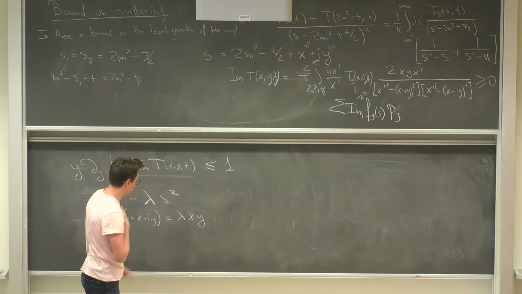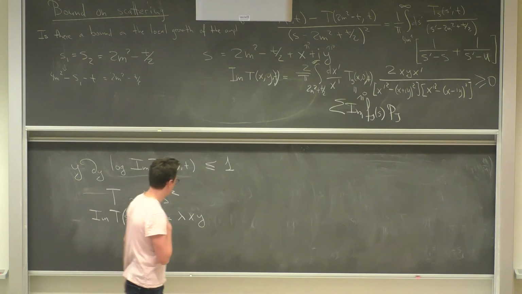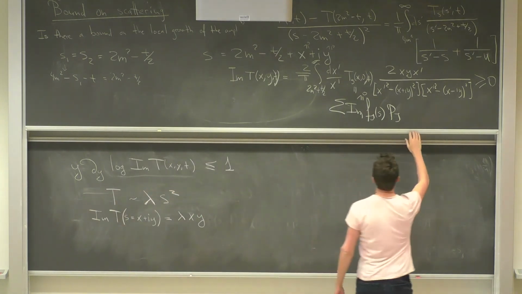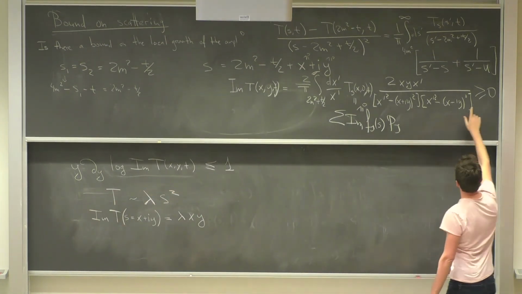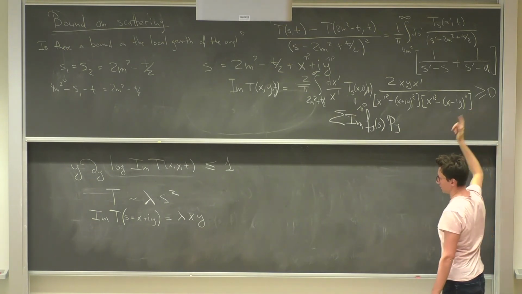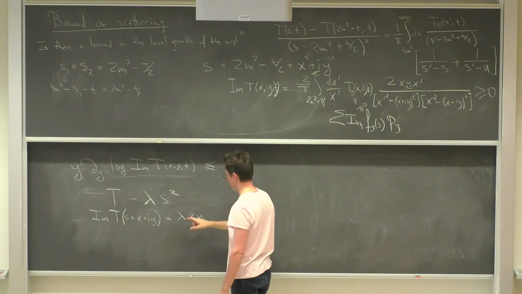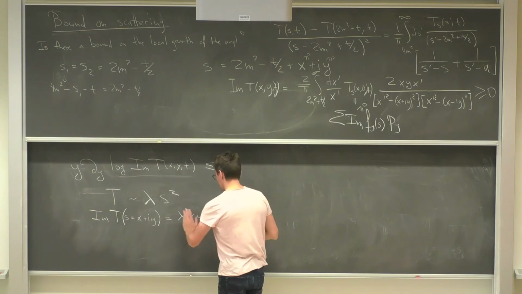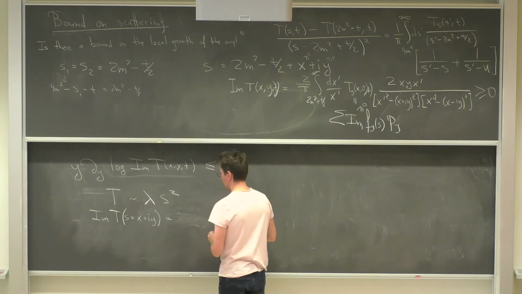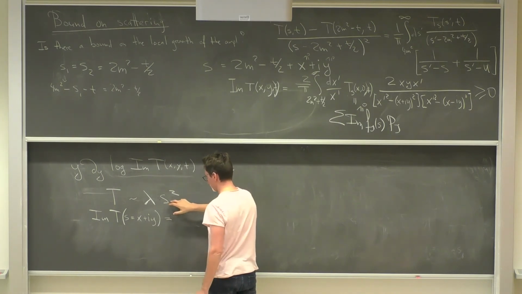Finally, you can also check that the fact that it has to be positive tells us about lambda. Well, let me be more careful. So sorry, let me take the imaginary part of this thing.